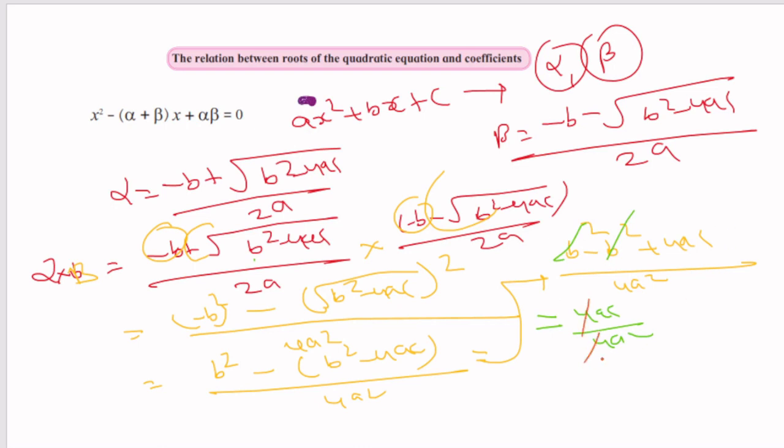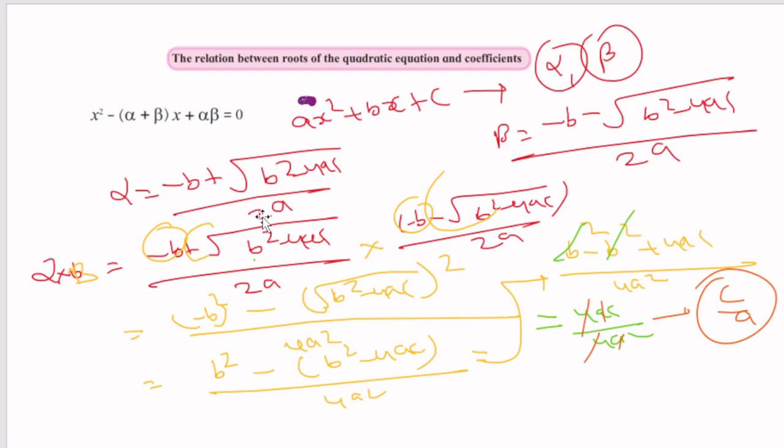Again 4 will get cancelled, one a from the denominator will get cancelled. Remaining is c by a. Now you got alpha into beta also. So no need to remember anything. I mean, no need to mug up anything. You can create the formula if you know the logic. It's damn simple. Nature of roots of the equation and the relationship between quadratic equation and coefficients absolutely made clear.